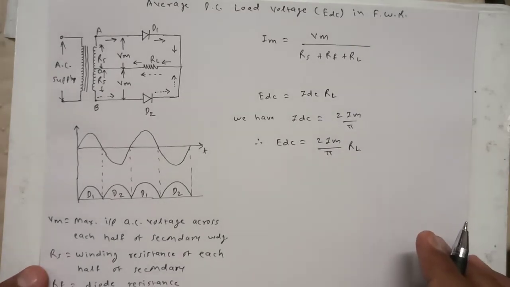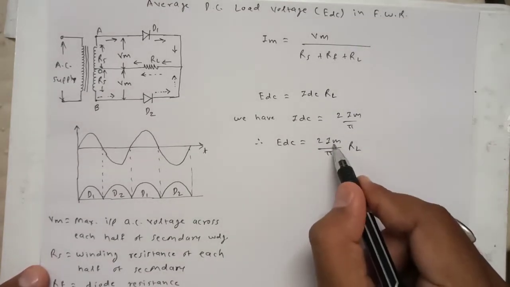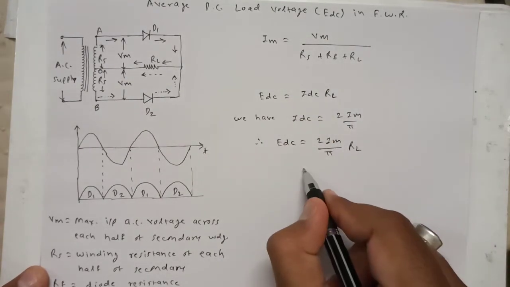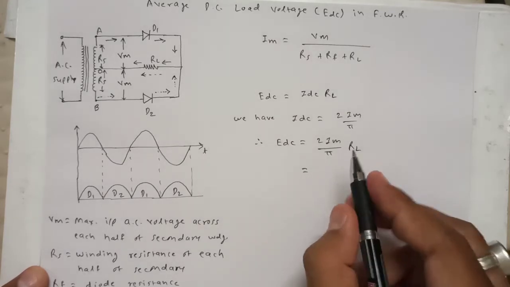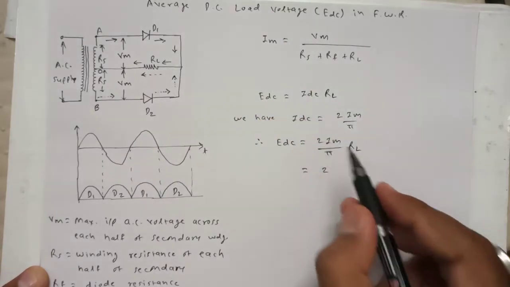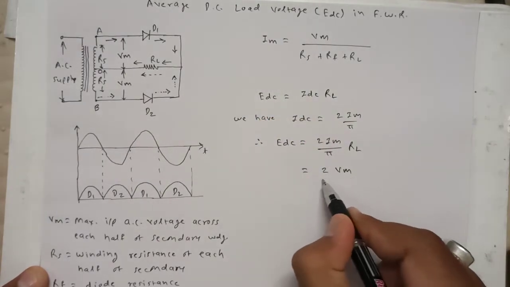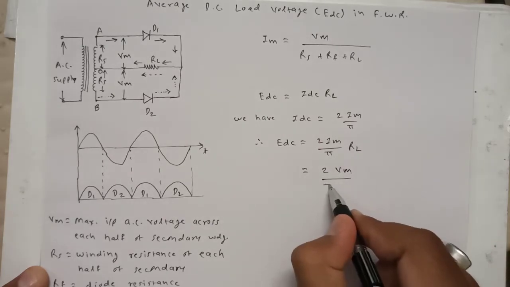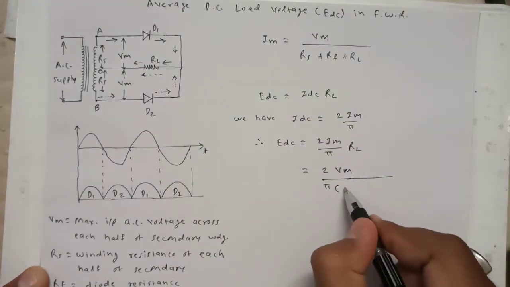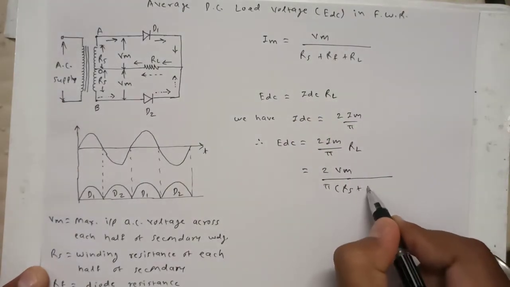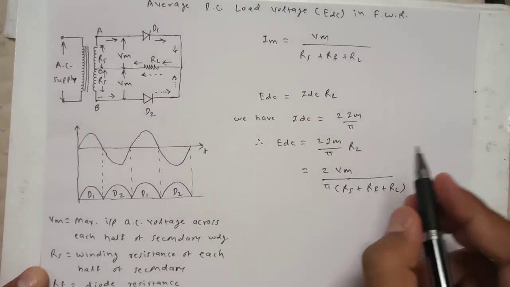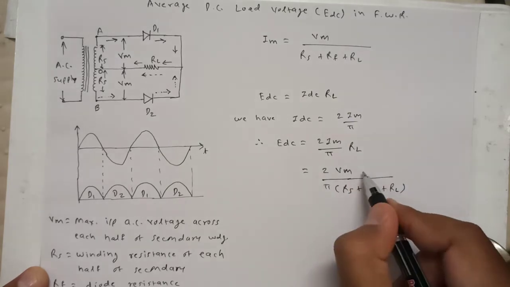Now we can further put the value of Im in terms of Vm. So the equation for EDC can be written as twice Vm by pi, divided by the series resistance Rs plus Rf plus RL, and this whole thing is multiplied by the resistance RL.